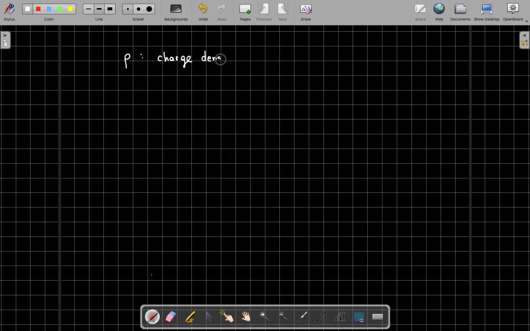This is a scalar quantity. And then the other is a vector quantity. It is a vector field known as the current density. And we all know that these can give rise to electric and magnetic fields.